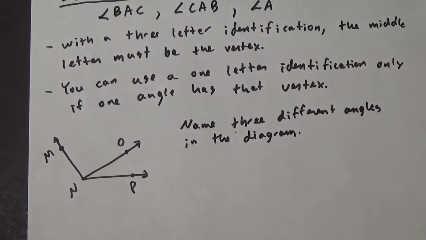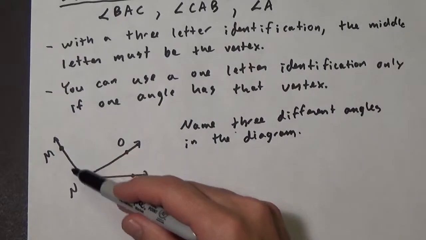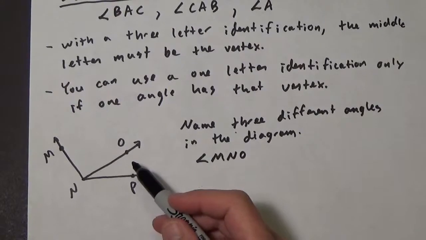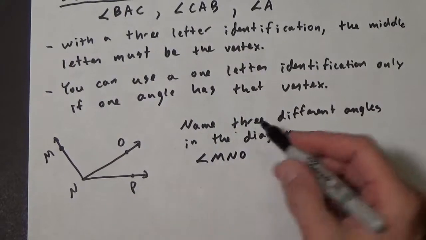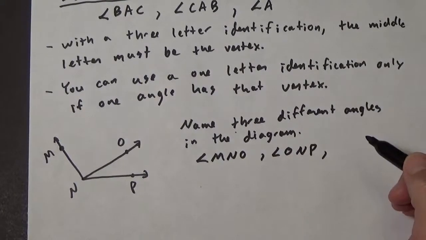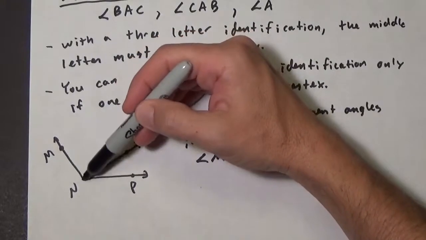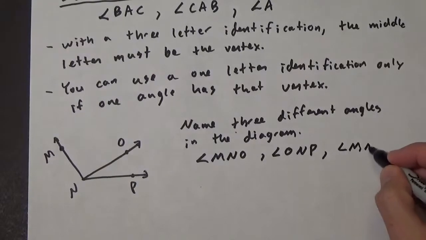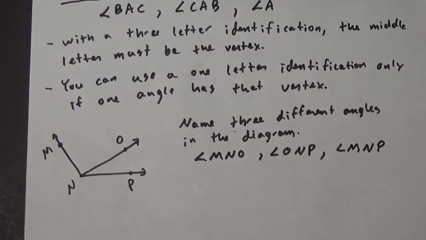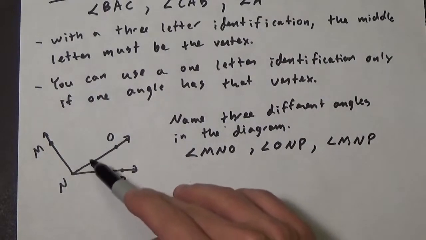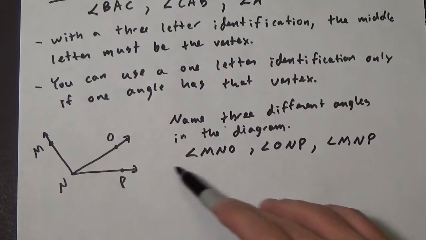We have this angle here, M and O. We also have this angle O and P. And then the last angle is the big angle, MNP, which covers the whole thing. So this figure has three different angles. We have two inside angles and then one big angle.